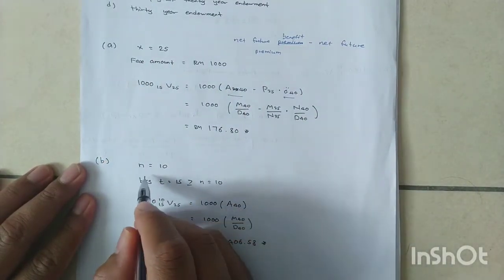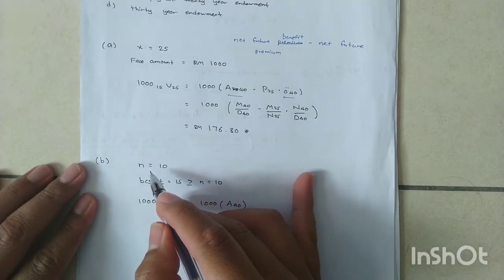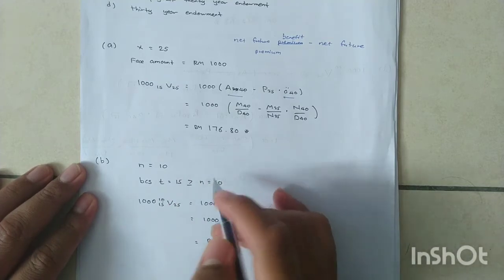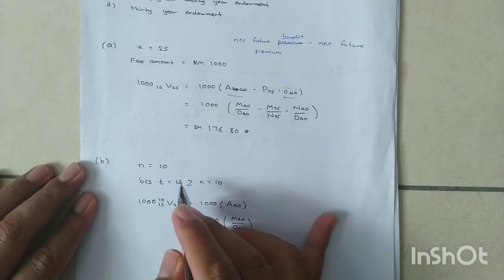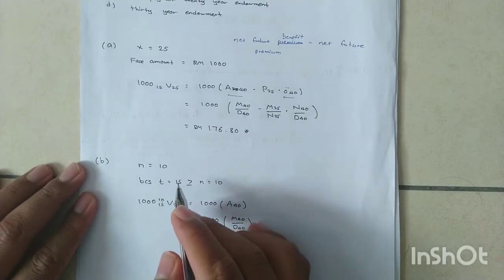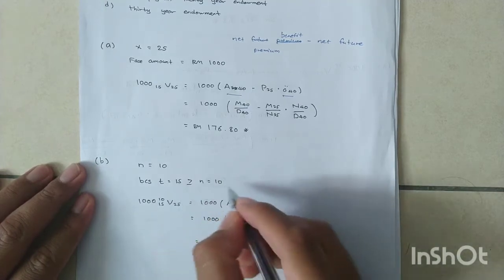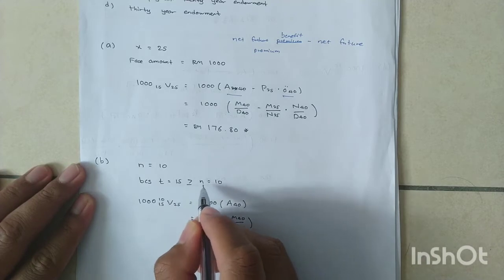Since we are going to have a new term, we are going to have a new unknown, which is n, equal to 10. Since the question asks for the 15th terminal reserve, we can see that the value of t exceeds the value of n.